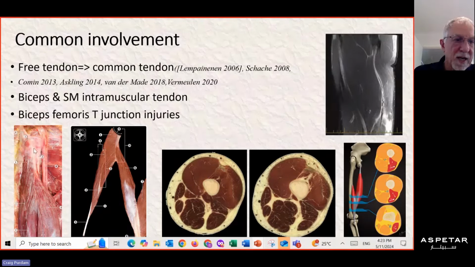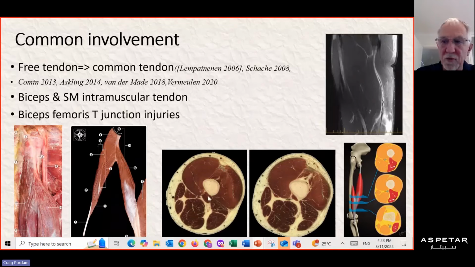The common tendon here is quite a common site for aponeurotic or intramuscular tendon injury, as well as the raphe between the semitendinosus and biceps, and certainly down around the distal biceps tendon, the distal run out of the common tendon as it becomes intramuscular. You'll see that very fine intramuscular tendon in this axial view of the long-headed biceps there.